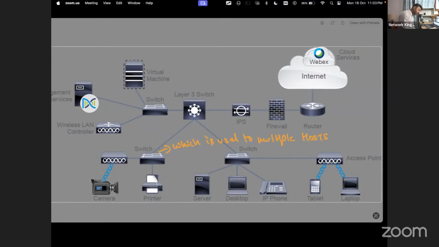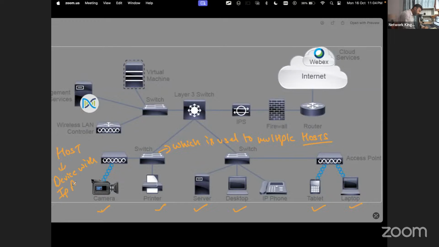So in networking there is a term called host. Host क्या होता है? What is a host? Any machine where we give an IP address, like server, desktop, tablet, laptop, printer. In every machine we give an IP address, and when you assign an IP address, a device with an IP address is called a host.